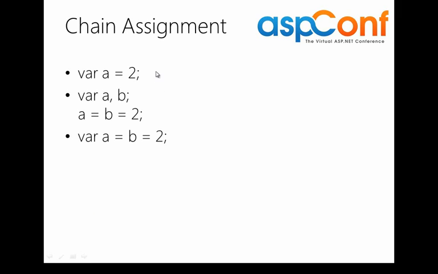So in the first line, we can see we've got a variable initialized to 2. In the second one, we can see we've got var a and var b, and a equals b equals 2. So after those two lines run, both a and b will be 2, and they will be local variables.